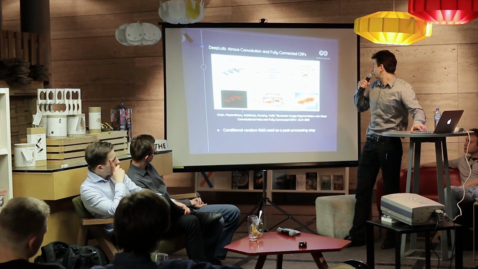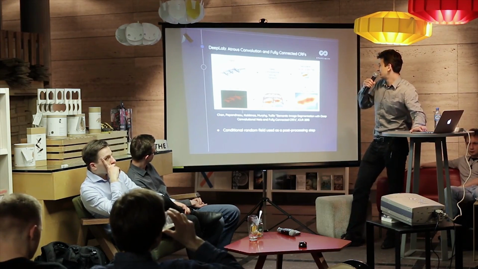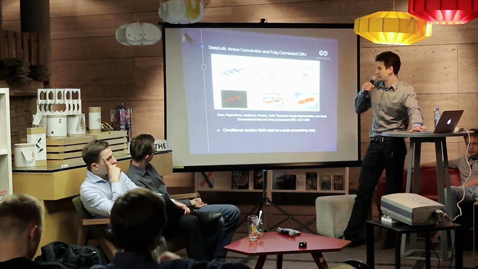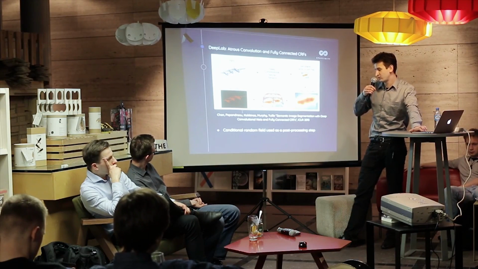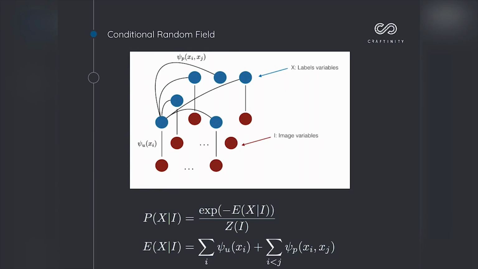Okay, so I mentioned the conditional random field as the post-processing. Then the first important thing is a slightly modified operation of convolution called convolution with holes. Okay, so let's talk about conditional random fields.